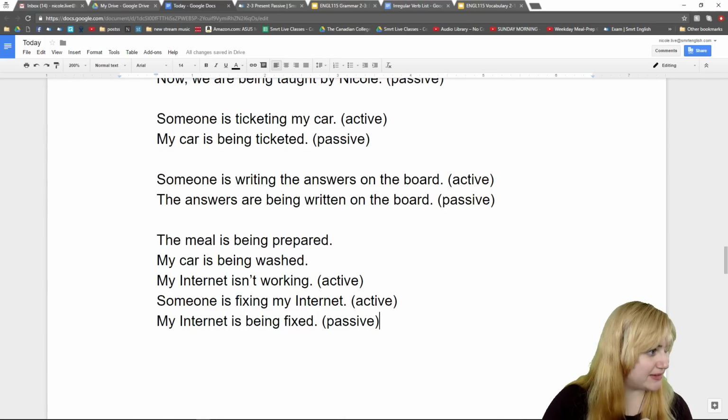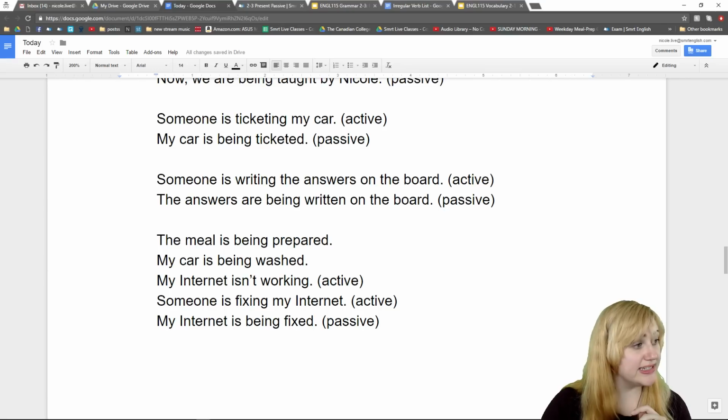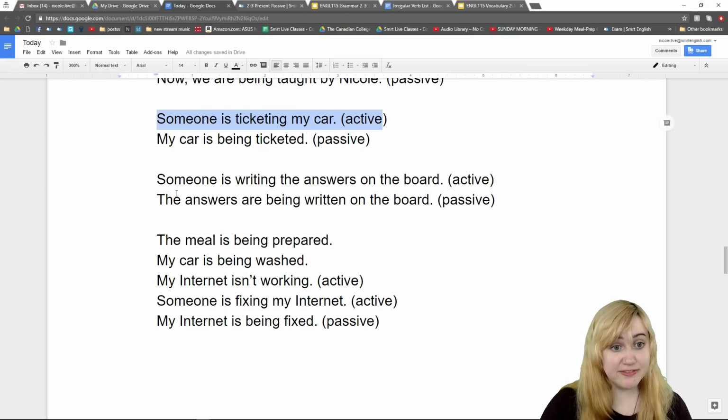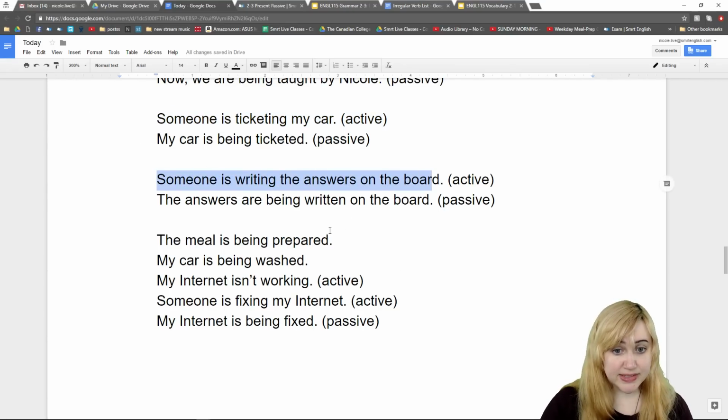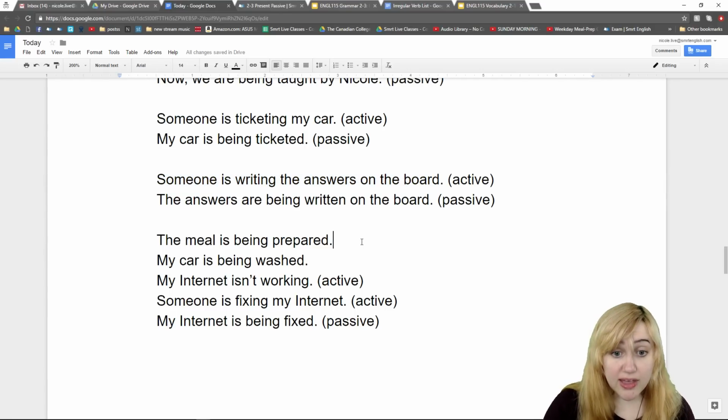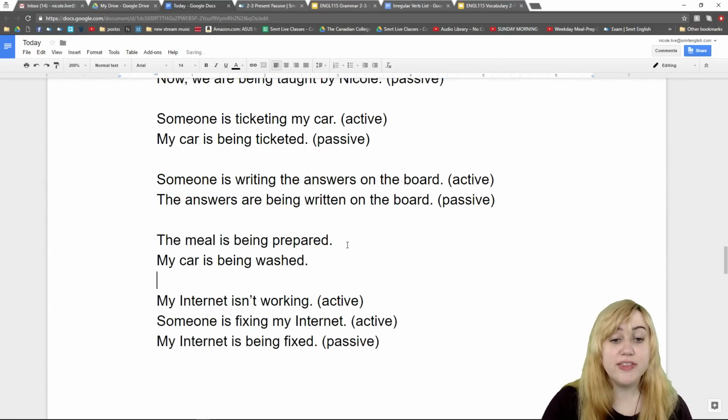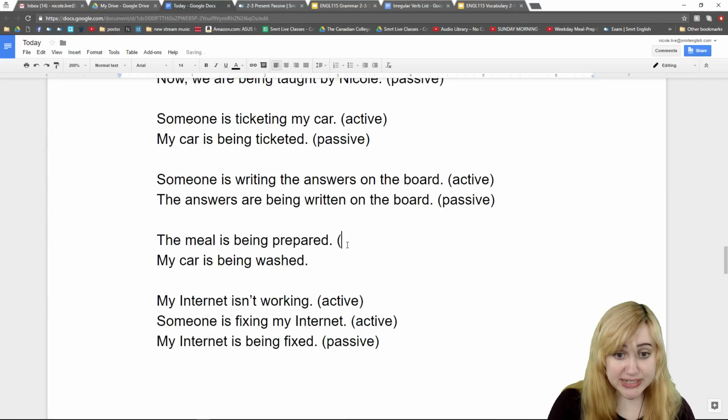Oh gosh, lots of examples. So let's see, Ziada says, may you give us the active that equates the present continuous passive. So good, I wrote some of those here, the active forms. For the meal is being prepared, this one is passive.